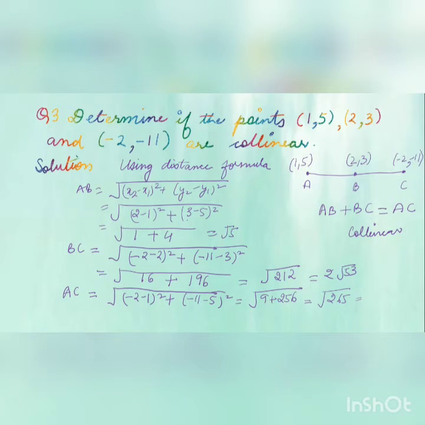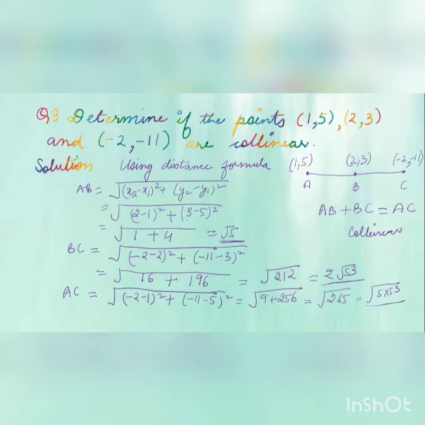So you can write 265 as under root 5 into 53. Means of these sides, AB is root 5, BC is 2 under root 53, and AC is also different.